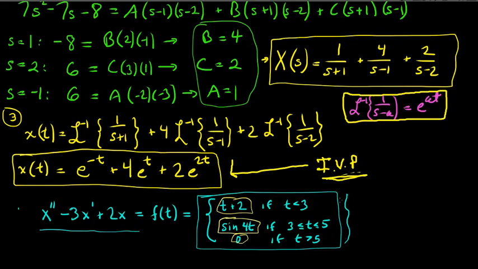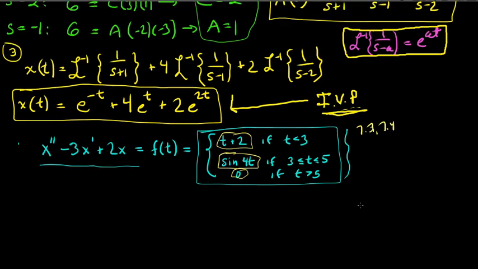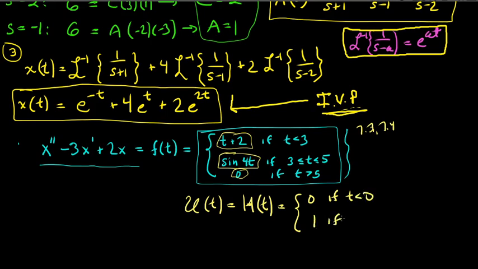The point is, if you go on to 7.3 and 7.4, they give you a whole host of devices that will greatly simplify this. In particular, what the book calls the unit step function, I would just call h, because we haven't used h here. This is just the step function, so it's 0 if t is less than 0, and it's 1 if t is greater than or equal to 0.